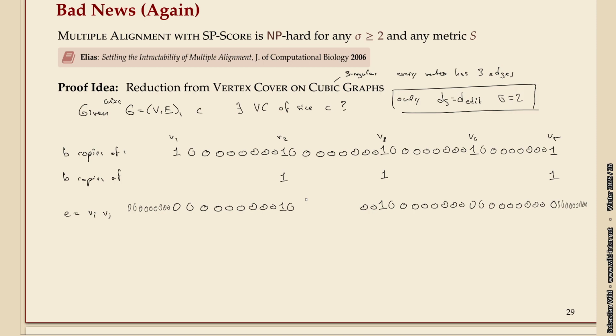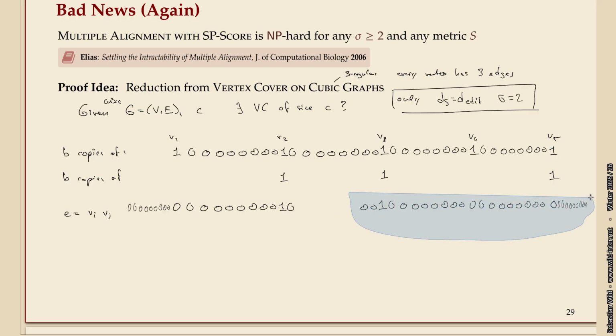So this means, unless I want to pay at both ends for all these zeros, I'll have to shift this one inward.